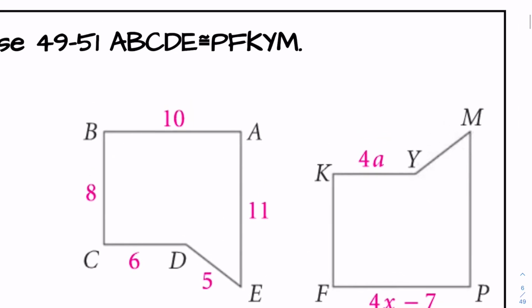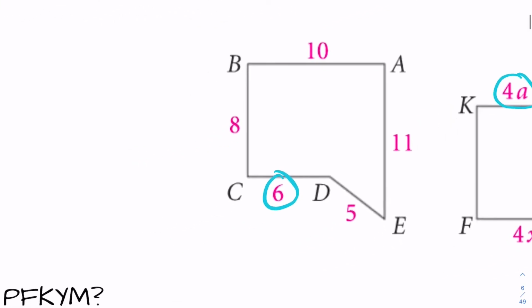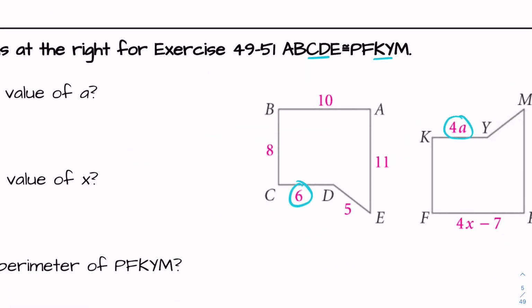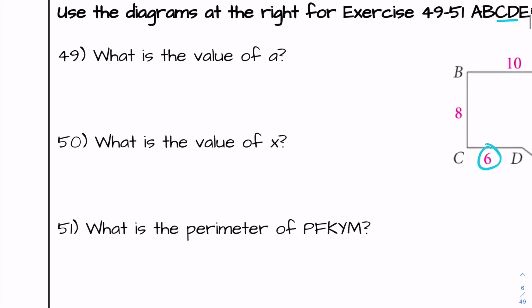KY right here is congruent to what? Well, KY is congruent to CD. So what I can do to solve for that variable is say that KY and CD are equal. They're flipped around here. It says, what is the value of A? I'm going to say CD equals KY.